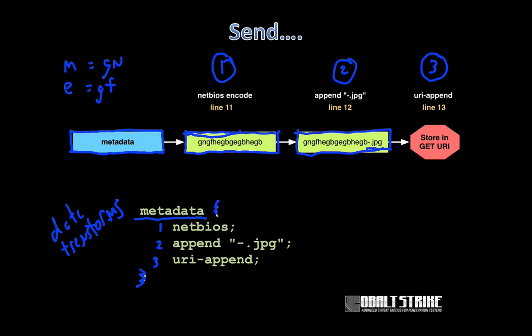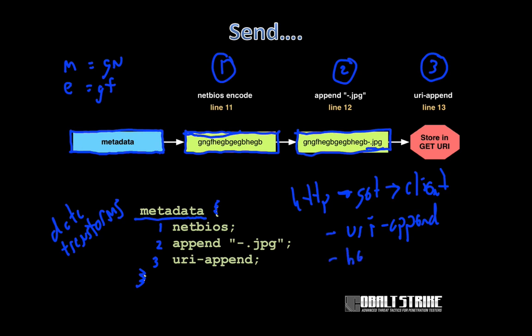Here in an HTTP GET client block, we have the option of doing URI append to stick the resulting thing onto the end of the URL. We also have the option to stick the resulting thing into a header or a parameter. And if we're doing an HTTP POST to send our data back, we have the option of using print as a terminating statement as well. So again, a lot of flexibility.